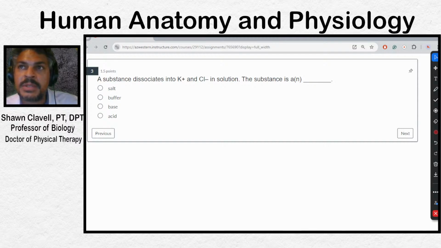A substance dissociates into a potassium ion and a chloride ion in a solution. This substance is a blank. You've got 4 options there. A substance that dissociates into potassium ion and chloride ion in a solution. The substance is a what?